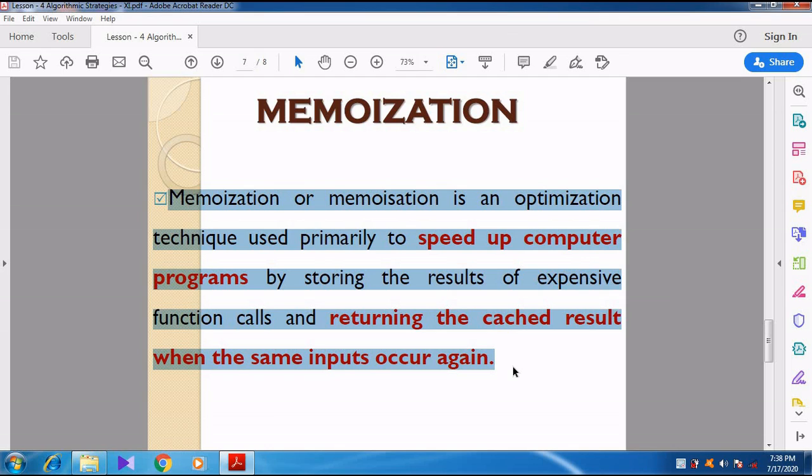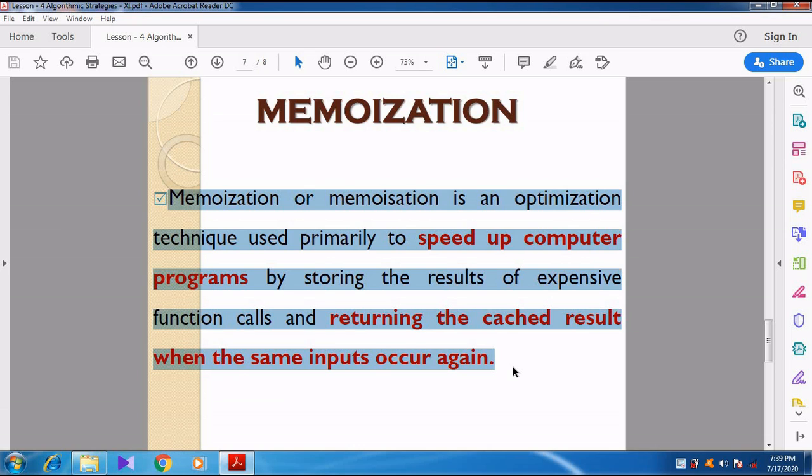See, this particular technique is an optimization technique. Why do we want to use it? It is used to speed up the computer program, and at the same time to store the results of expensive function calls.